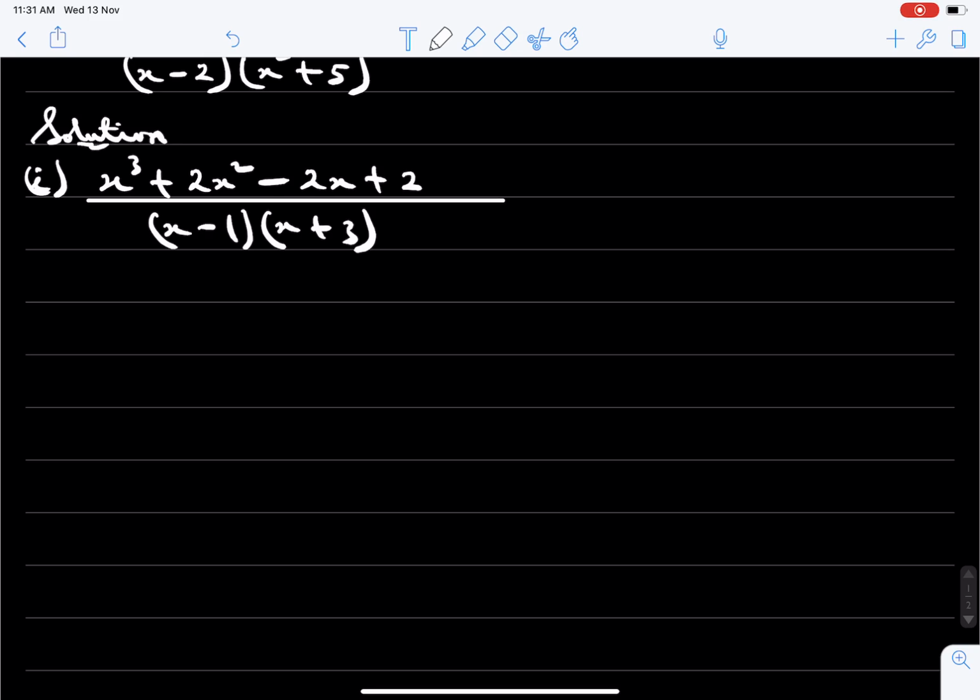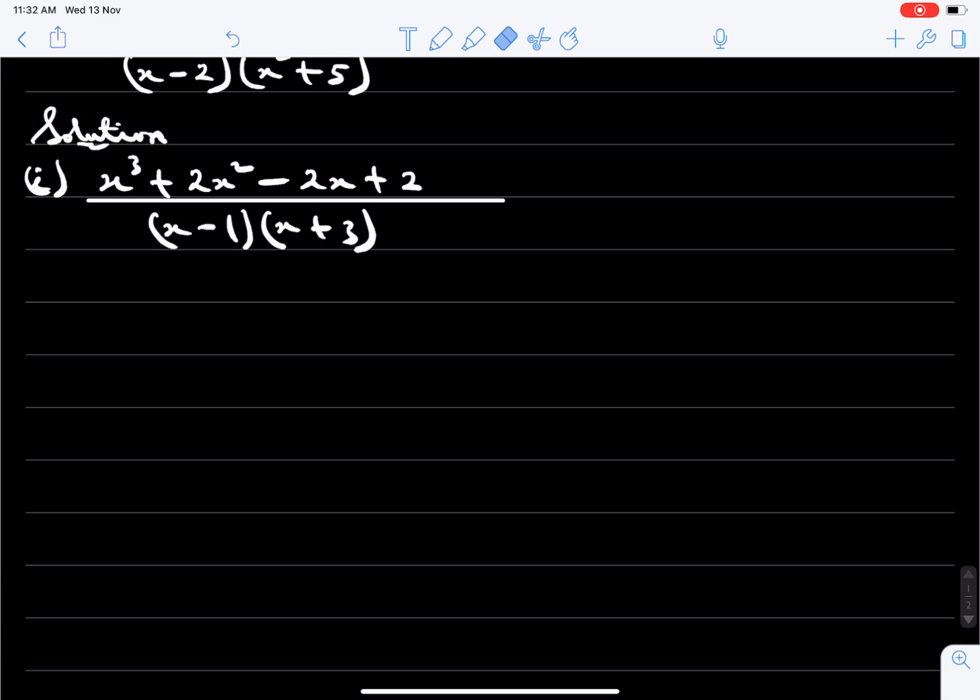We can see that if the brackets in the denominator are removed, the polynomial that's going to be obtained will have a degree that is less than that of the numerator. The degree of the result is going to be 2, which is less than the degree 3 that the numerator has.